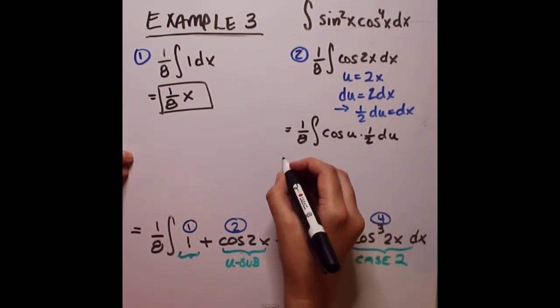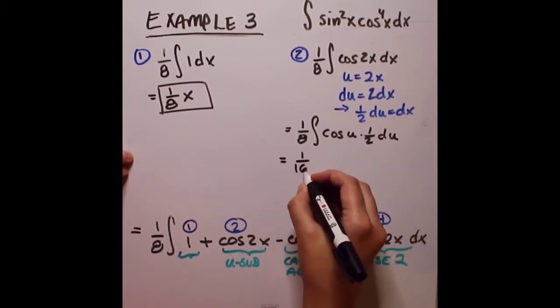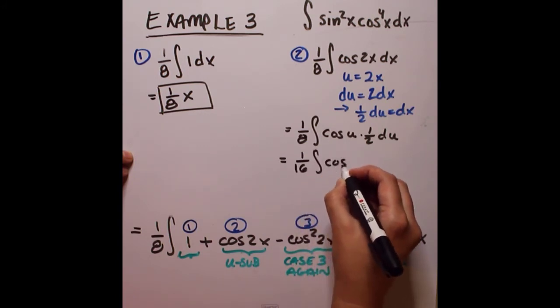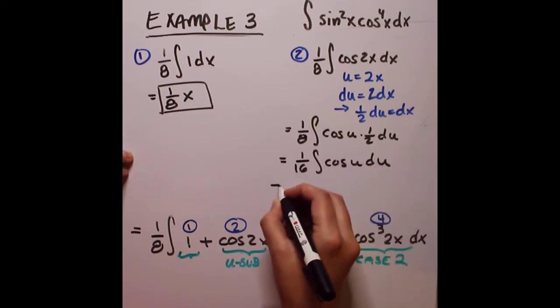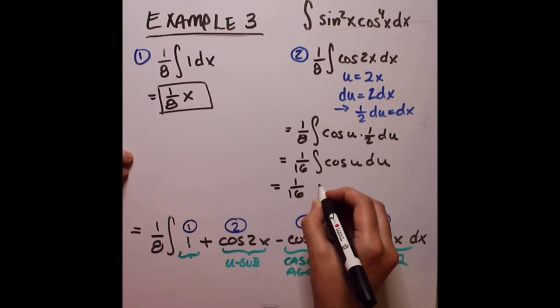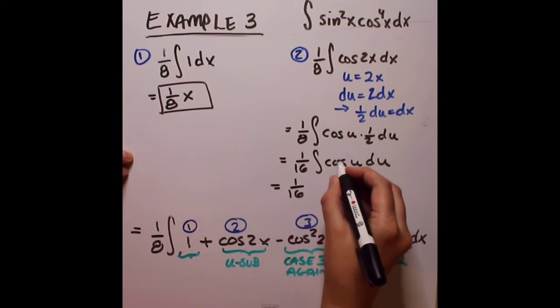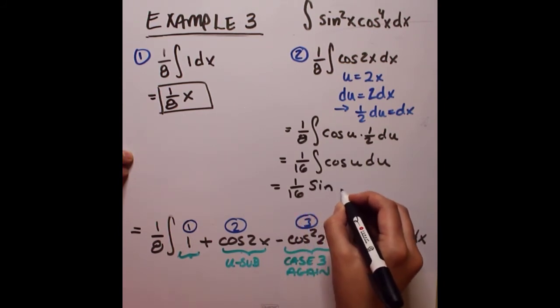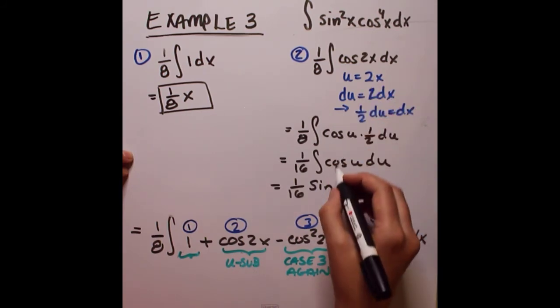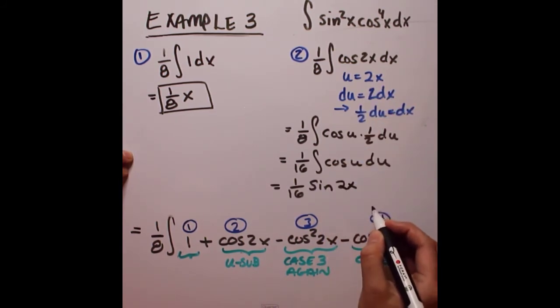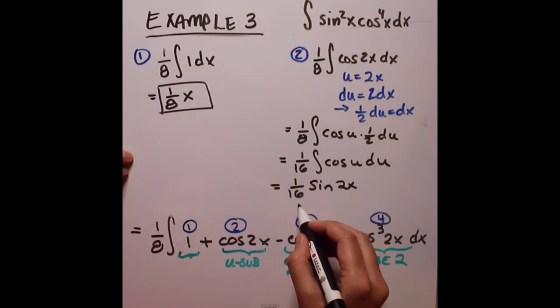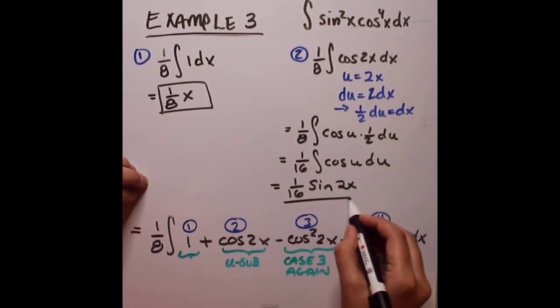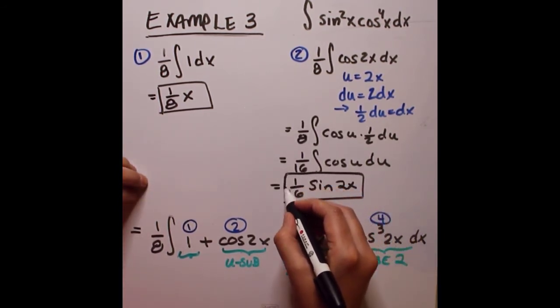Let's factor out that 1/2. That's 1/16 integral of cosine u du. So that is 1/16. Which function's derivative is cosine? Sine. So sine u, but I'm going to go ahead and plug it back in, sine 2x. All right, and then at the very end I'll add in the plus c, but for now this is the answer to our second part of our integral.